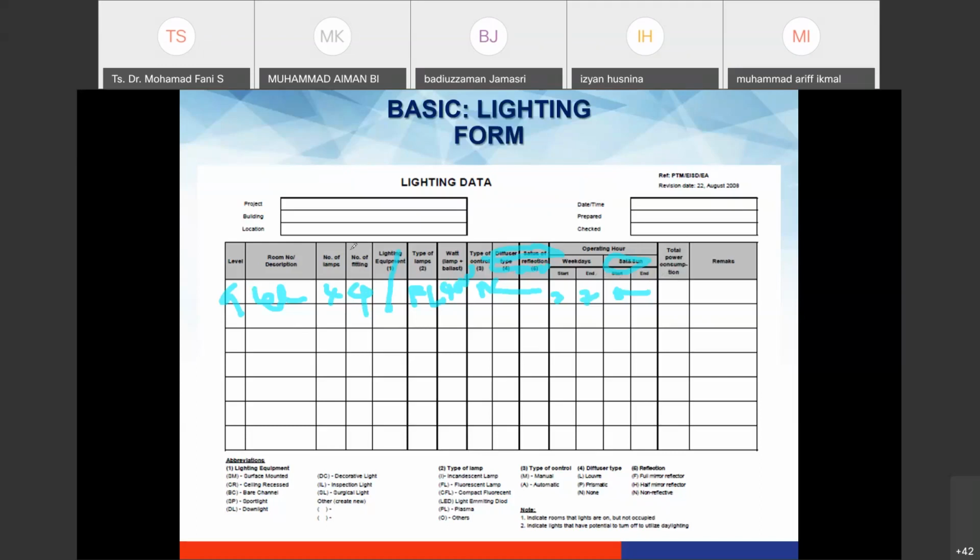Total power consumption: multiply 40 with 4, the number of lamps, and multiply with 12 hours. Multiply this for 1 day, so we can get the value for the total consumption.